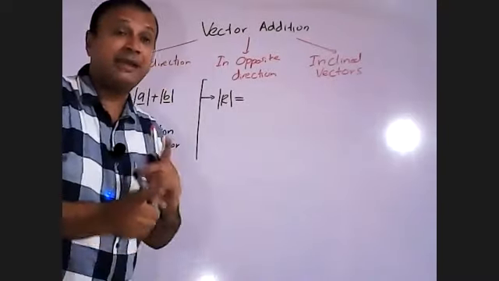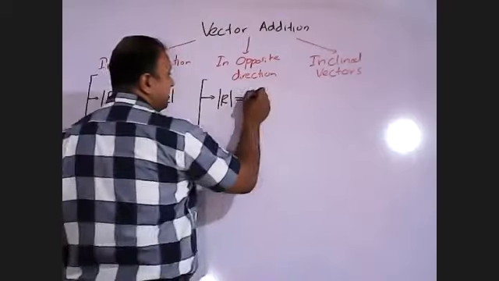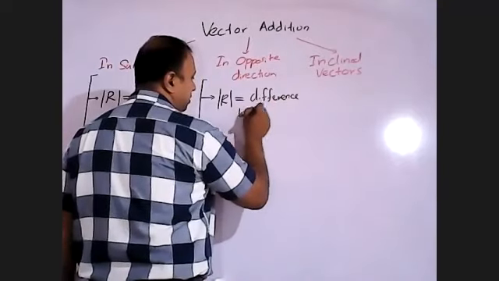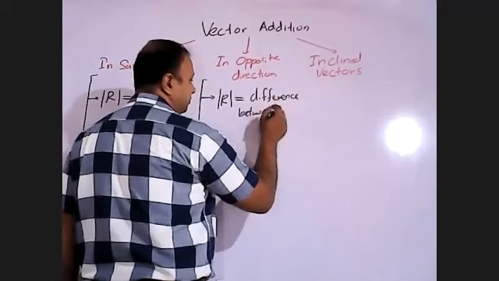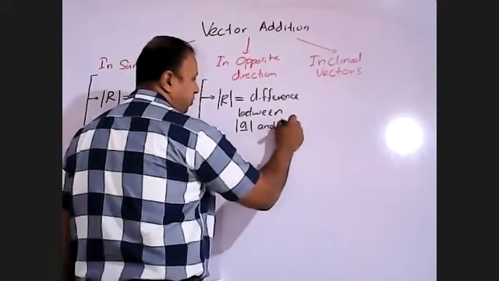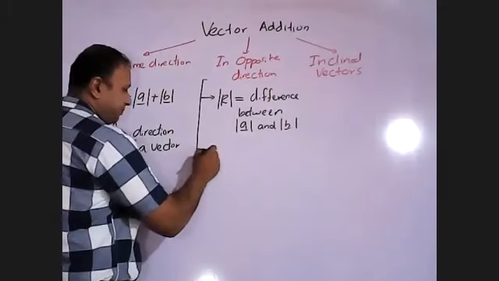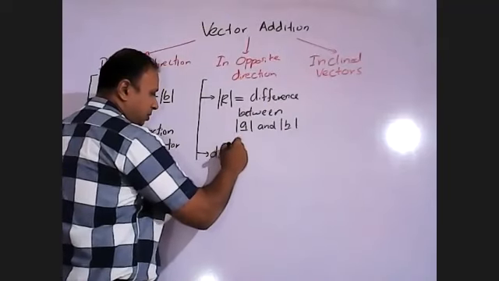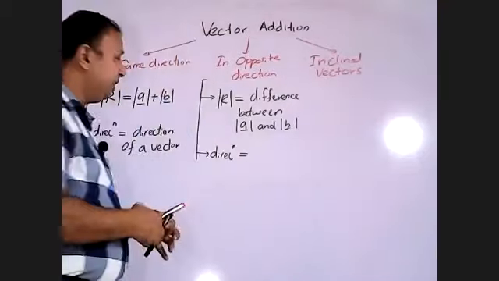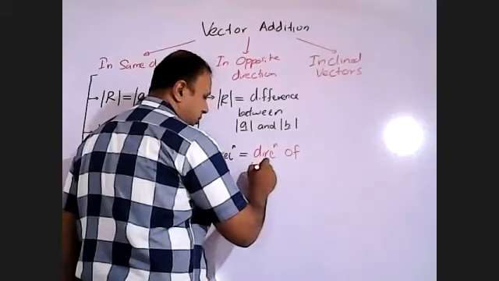Magnitude of the resultant force is equal to the difference between magnitude of A and magnitude of B. The direction is equal to the direction of the larger vector.